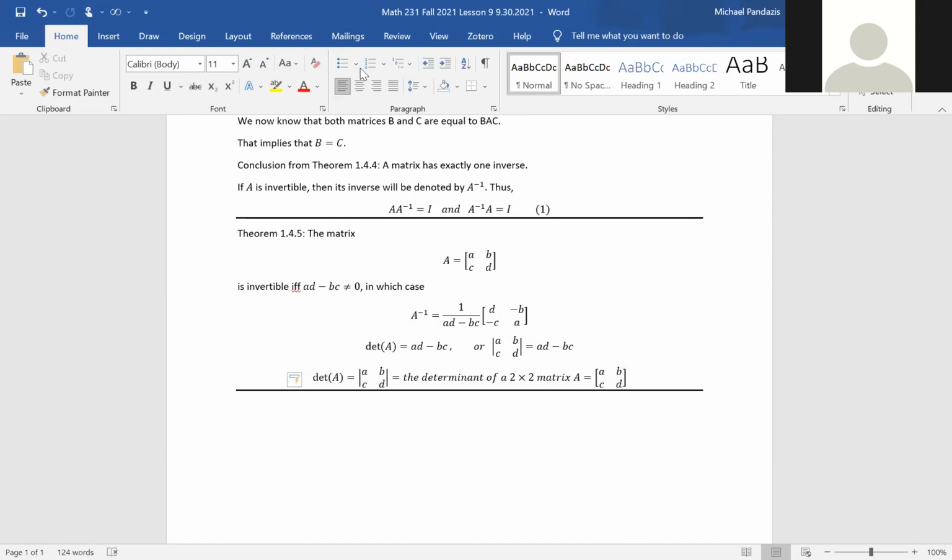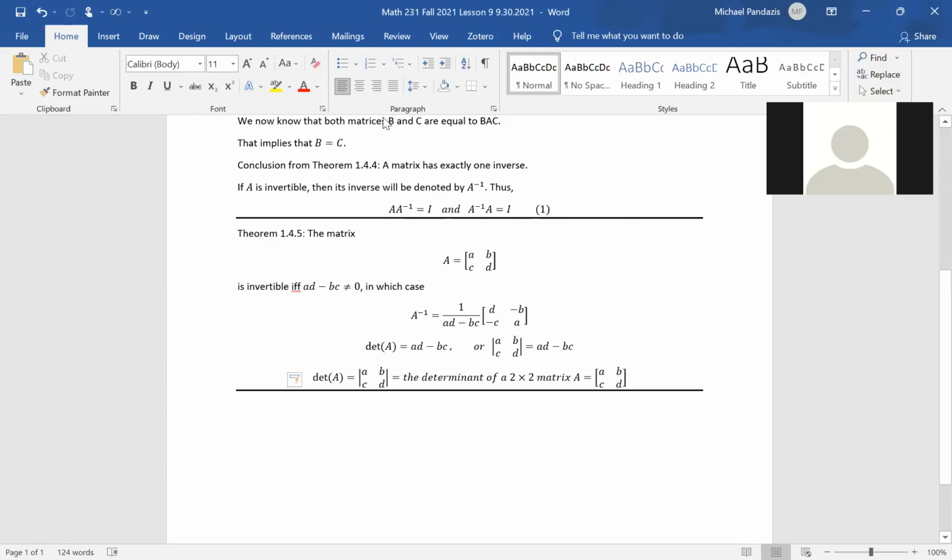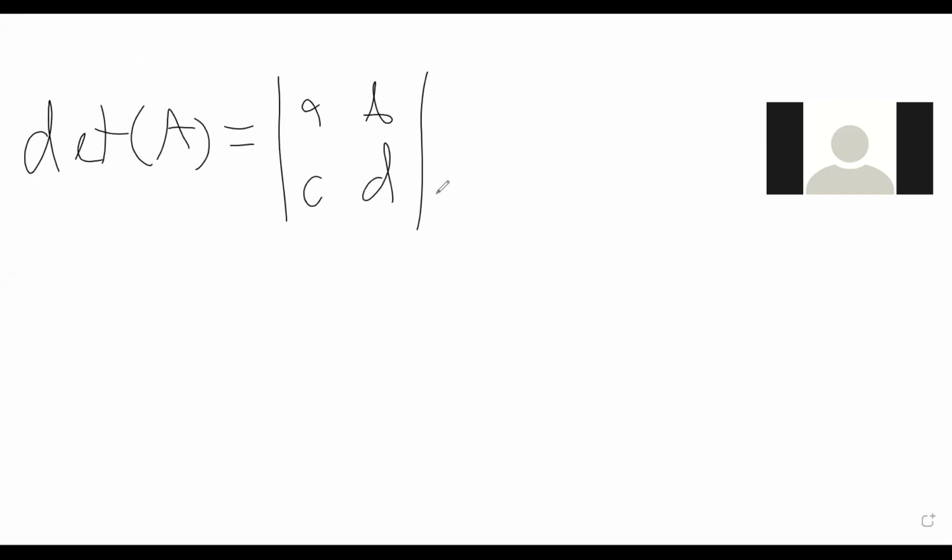I mentioned a good way to remember how to compute the determinant of a 2x2 matrix, so I'm just going to write that down here. You have the determinant of a matrix A, which you can write as the vertical lines around a, b, c, d, where these are the entries. It's equal to ad minus bc. A good way to remember this, because it's easy to look at the formula and think, how in the world am I going to remember that, is the lines I'm drawing: you're just multiplying in those directions.